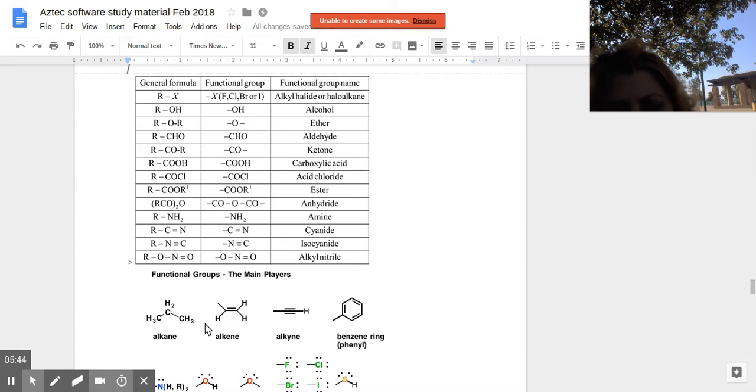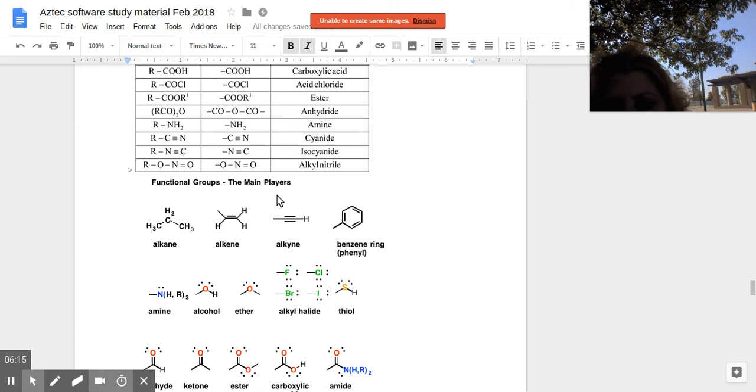And then amine is an NH2 group to the R. Cyanide is a carbon triple bound to nitrogen to the R. Isocyanide is R to the nitrogen, triple bound to carbon. It's just backwards. And then alkyl nitrite, another nitrogen and oxygen on either side, one single bound, one double bound to the R group.